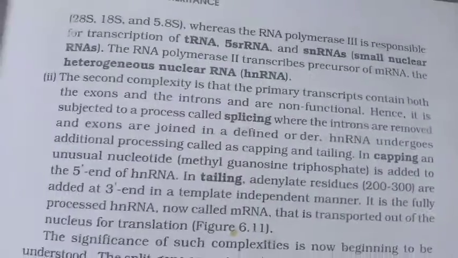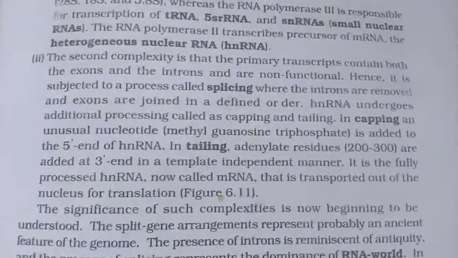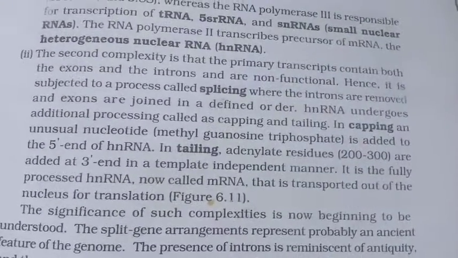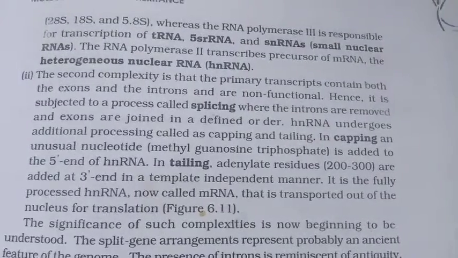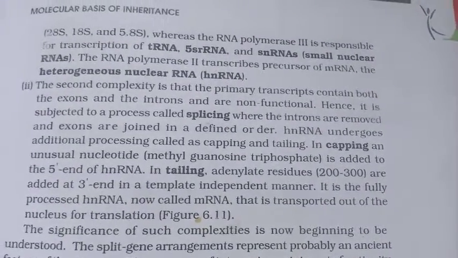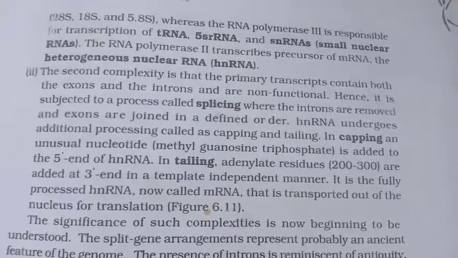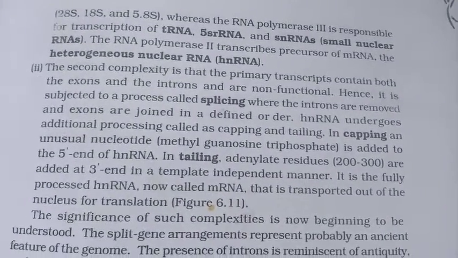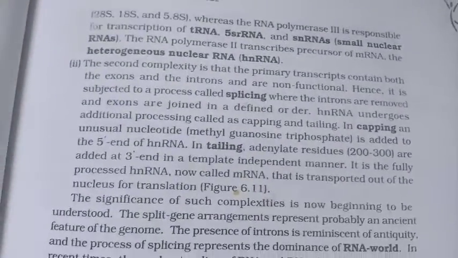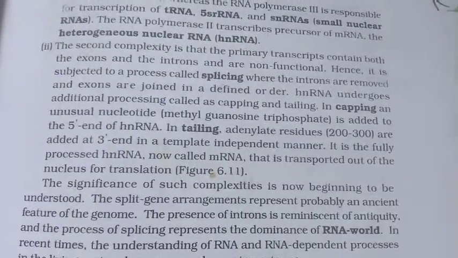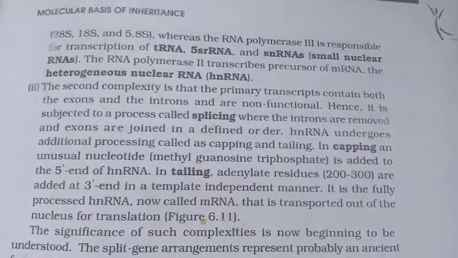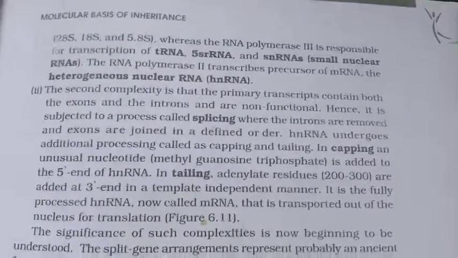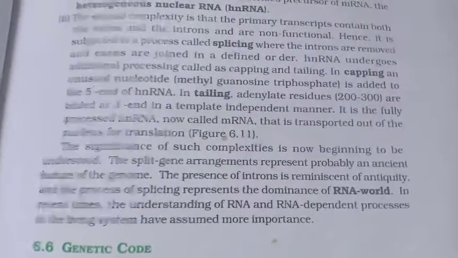In capping, an unusual nucleoside, that is methyl guanosine triphosphate, is added to the 5' end of hnRNA, and in tailing, adenylate residues, 200 to 300, are added at the 3' end in a template independent manner. It is the fully processed hnRNA, now called messenger RNA, that is transported out of the nucleus for translation.